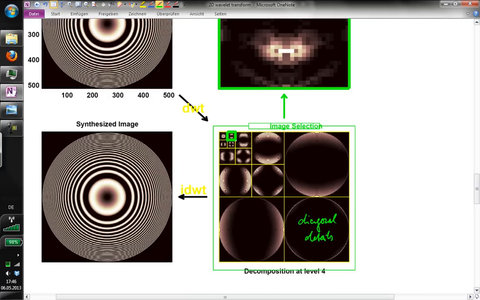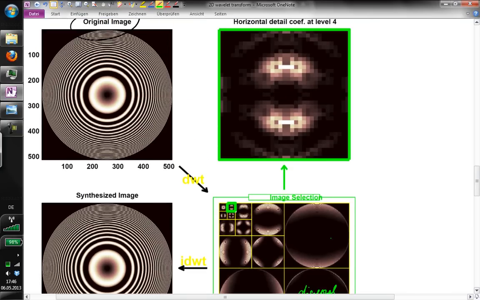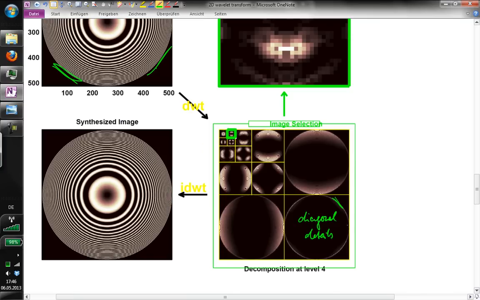If you look at the original image, where we have diagonal details at a very, very small scale, it is essentially here and there and there and there. And this is exactly where you find non-zero coefficients.